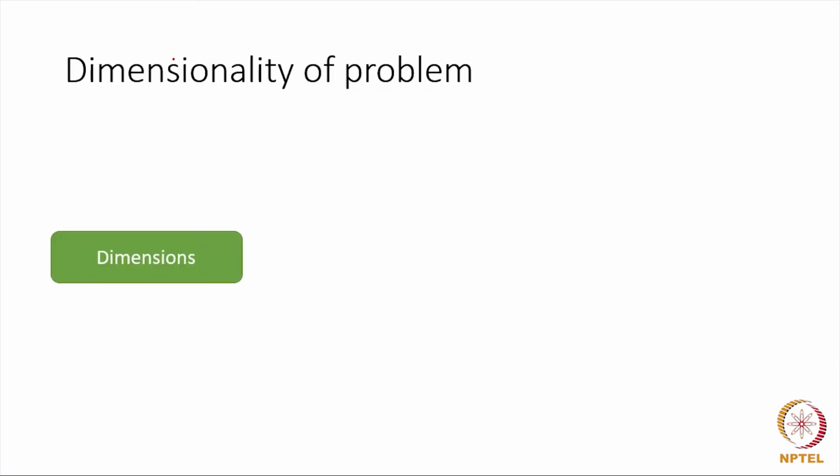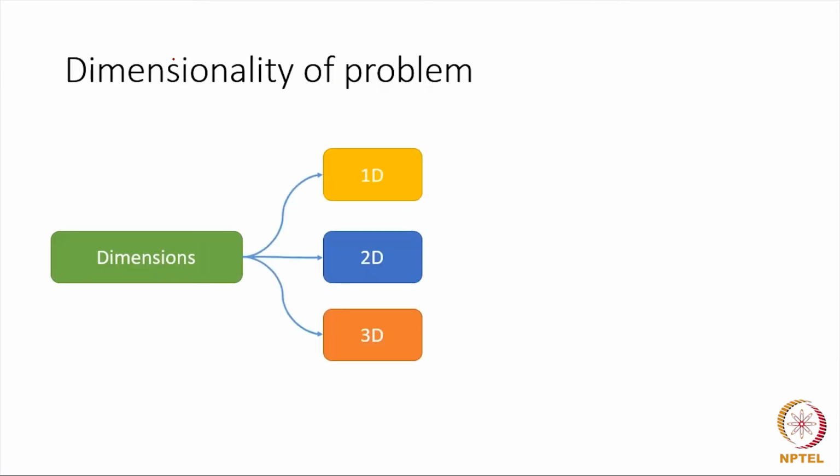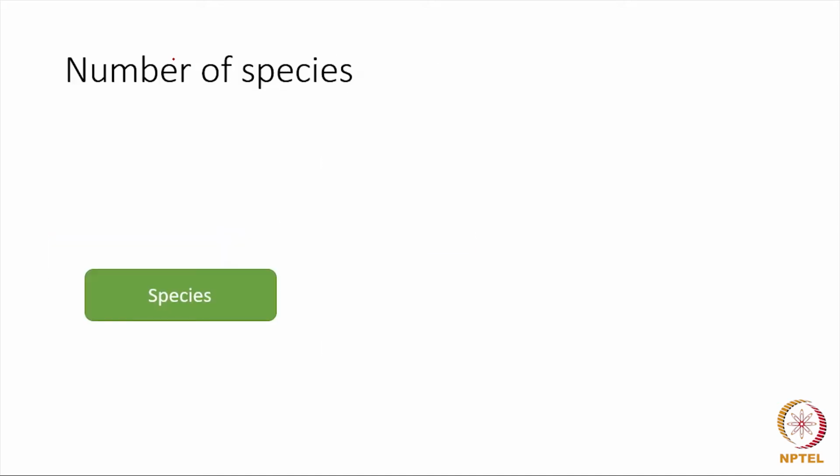Now the dimensionality of the problem should be decided, and you have 3 possibilities: 1D, 2D, and 3D. Very often 1D is sufficient, but sometimes even in 2D or 3D problems, by taking into account axis symmetry, you can reduce the dimension. So you can have a pseudo 1D even though the actual dimension can be 2D or 3D. The number of species is important.